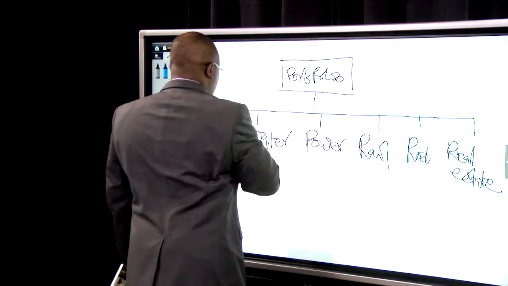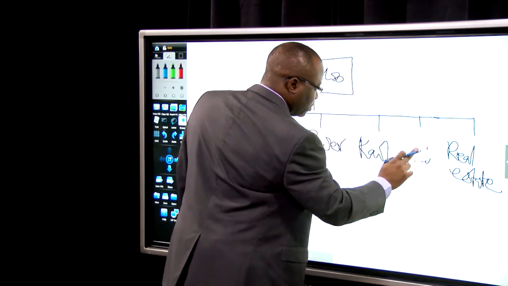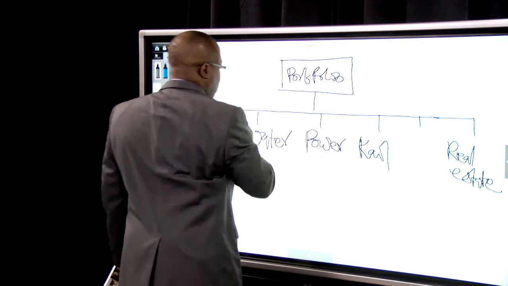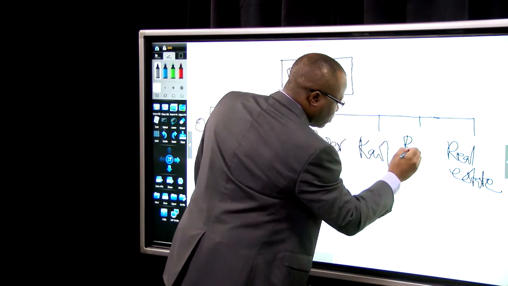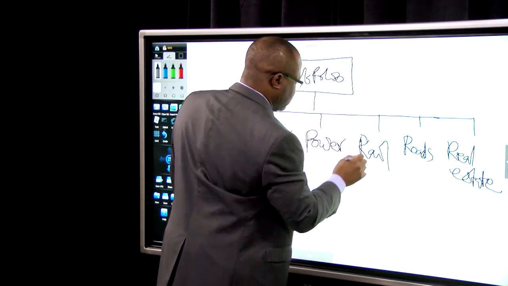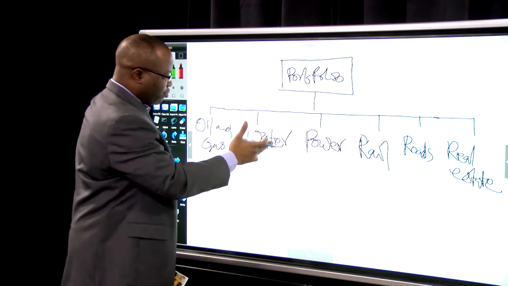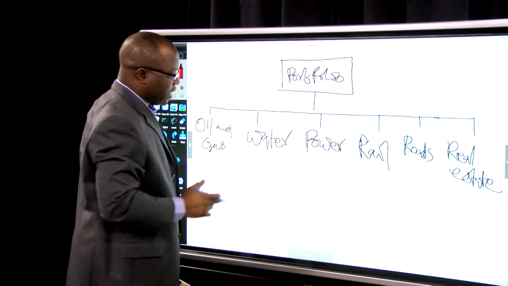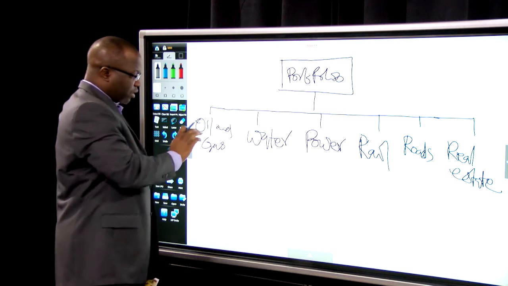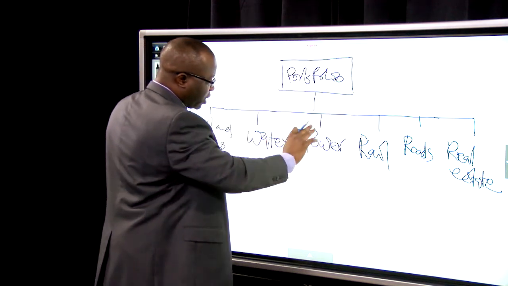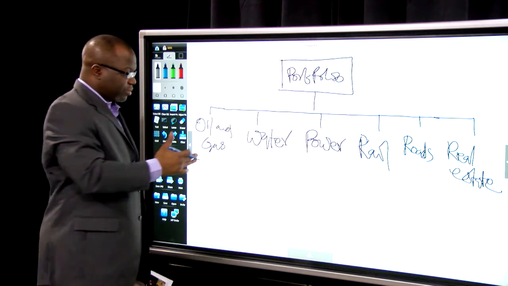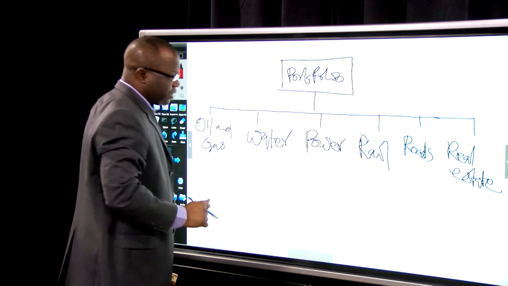Let's make that a little bit clearer. So we've got oil and gas, water, power, rail, roads, and real estate. The top level is the portfolio. Underneath, we've got large buckets describing the projects and the programs across these larger areas.